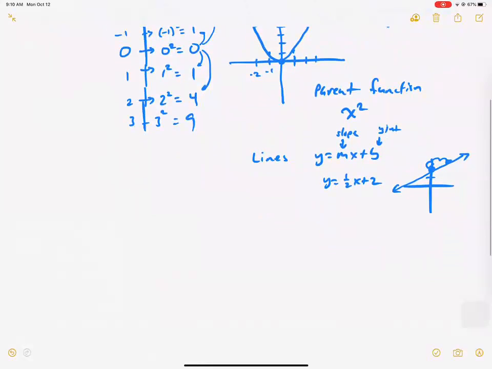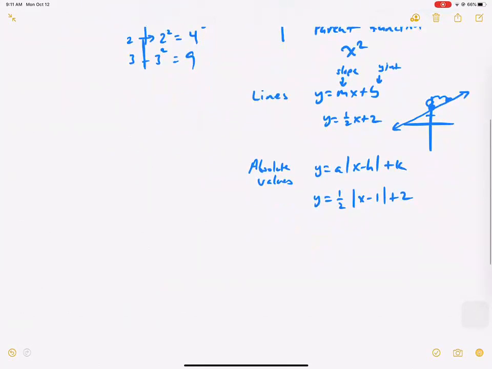For absolute values, we had y is equal to a, absolute value of x minus h, plus k. So if I write y equals 1/2 absolute value of x minus 1, plus 2, our vertex was h comma k. And in this case, it's not -1, but +1 because the negative is already there, right?